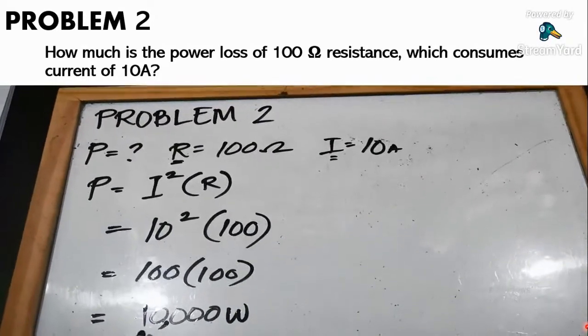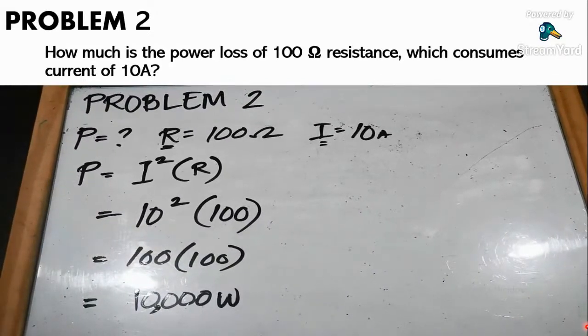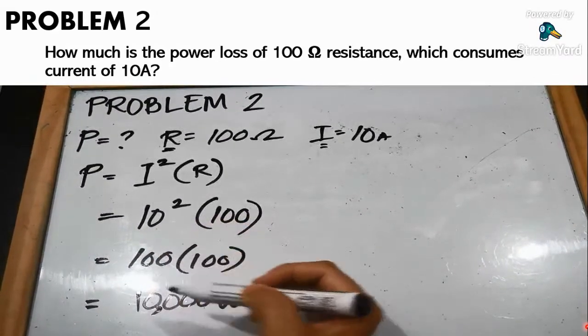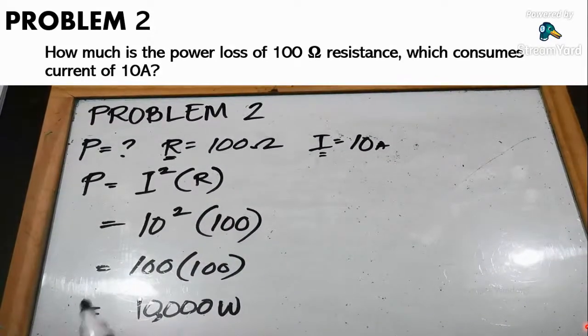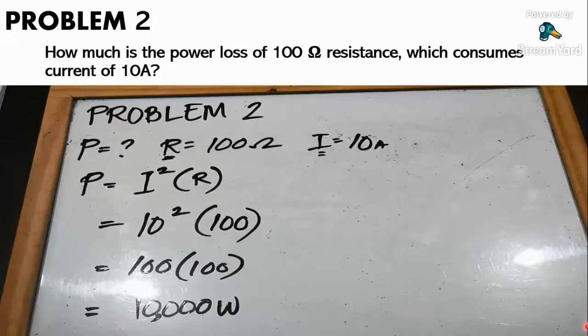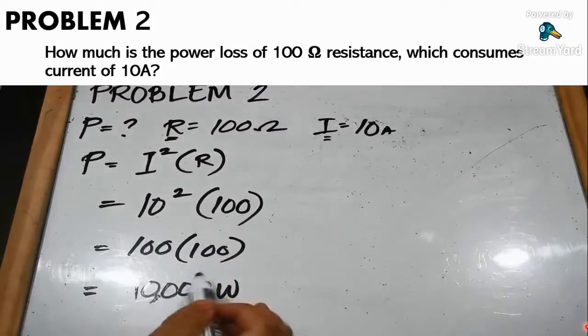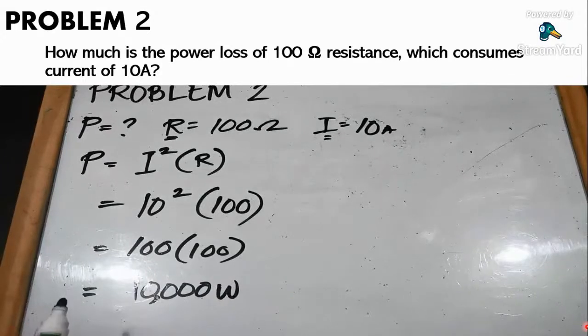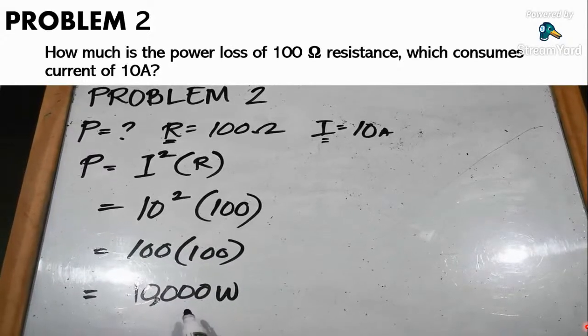Meron tayong 10,000 watts na power, yun yung hinahanap niya. Kung gusto nyo mag-long method pa nito, pwede nyo ilong method ng multiplication. Pero since puro 0 at 1 lang naman siya, madali, ganun lang yung shortcut niya. Bilangin nyo yung 0, tapos 1 times 1, of course, 1. Okay? So, this is the answer for the problem number 2. You have 10,000 watts.